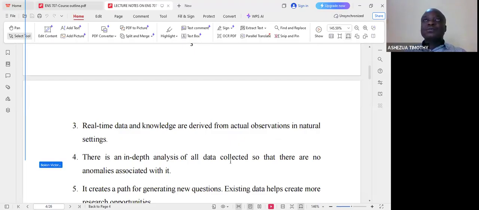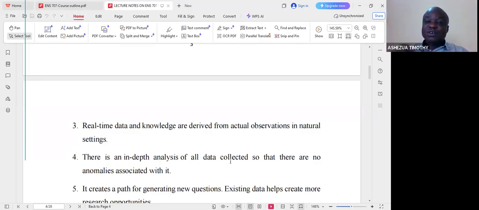So the data you collect, it's not that you sit in your house and just write it; that's not good research. If you want to collect your data, see the instance I'm giving you, go to the field. If you are weighing animals, actually go to the field and get this data. At the end of the day, the analysis you are going to come up with will be better, and the result will be very useful to the end user.